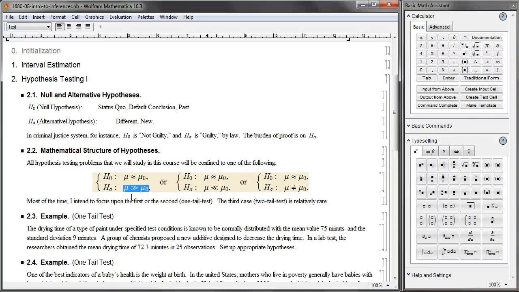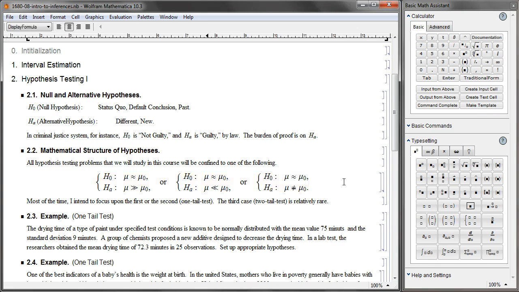Or in the other case, significantly less. In some cases, rather rare, the alternative may be simply different from the traditional value. In any case, the null hypothesis remains the same as before, the status quo, the past result.